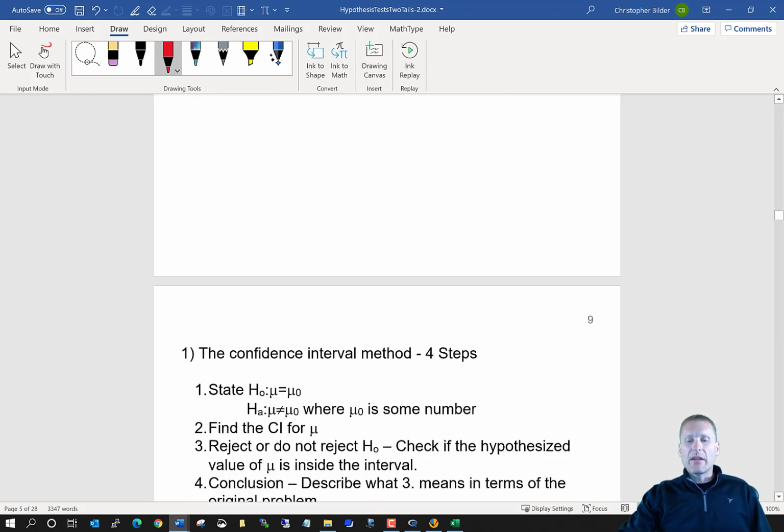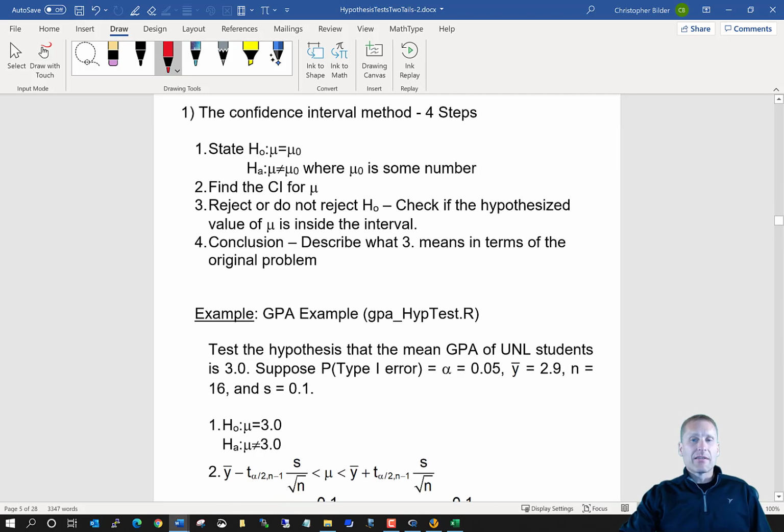Okay, so let's begin with the easiest method. This is the confidence interval method. There are 4 steps. With each of these hypothesis testing methods, there will be a set of steps. When you do a hypothesis test, like a project or a homework problem or some other graded activity, including a test, I expect you to actually number these steps.